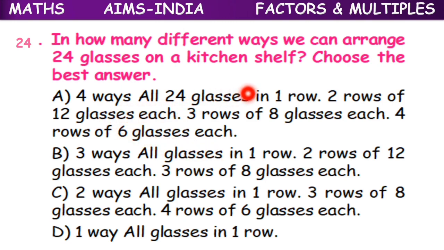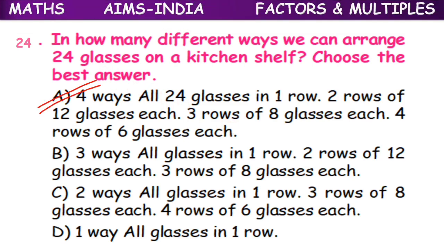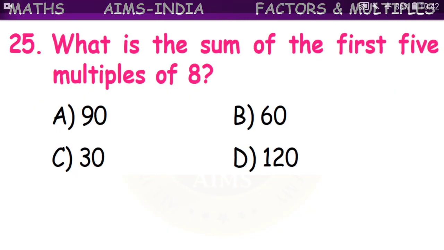Suppose we have 6 glasses in each box, then how many glasses are there in 4 boxes? Did we solve or not? Yes. So here we had to find which two numbers to multiply to get 24. That is, we had to find the factors of 24. Option A becomes our correct answer.